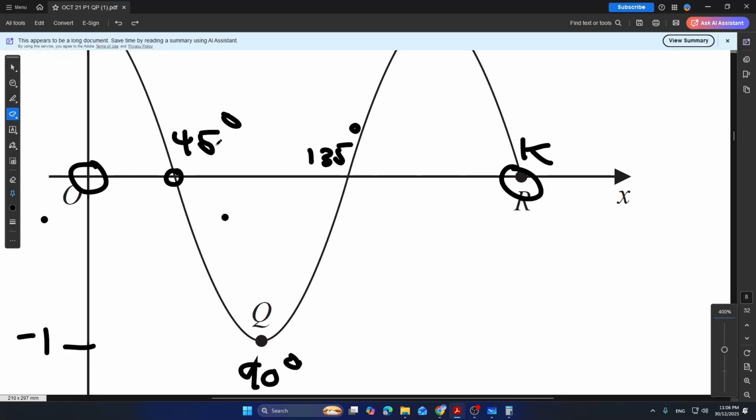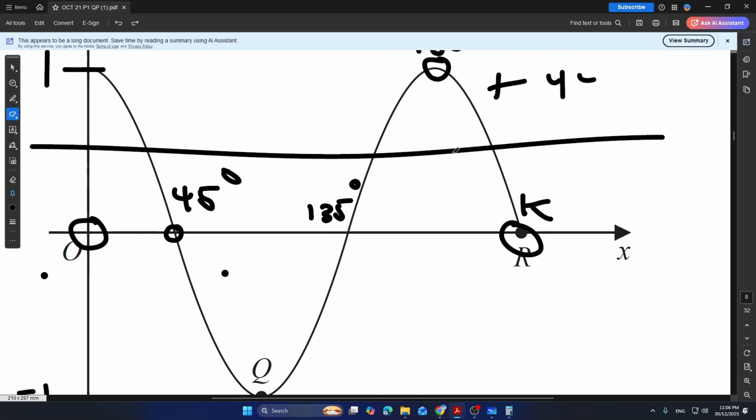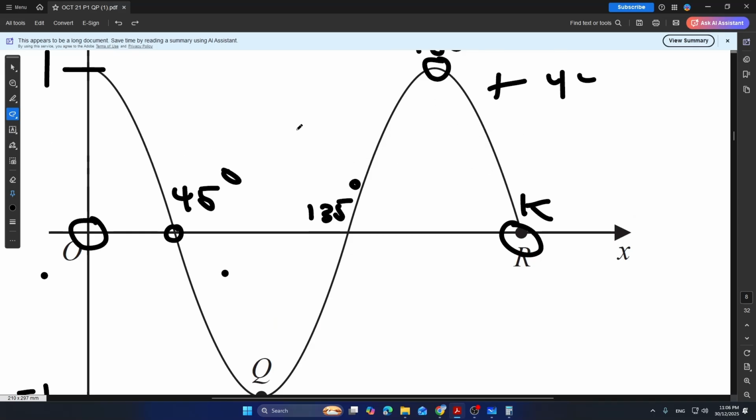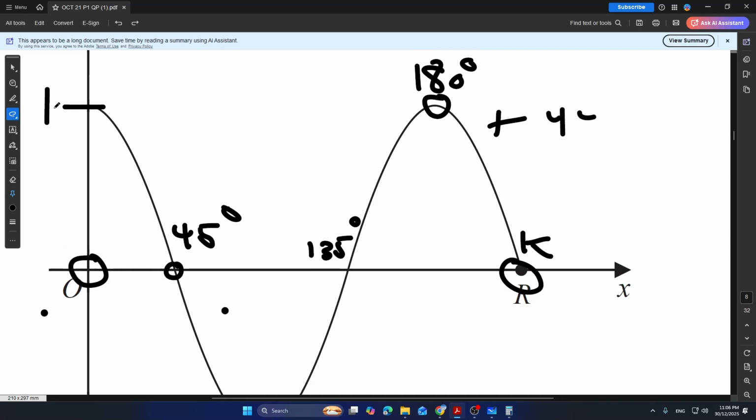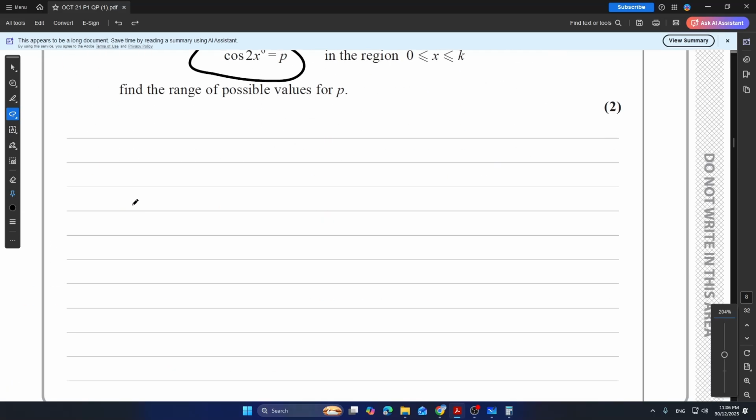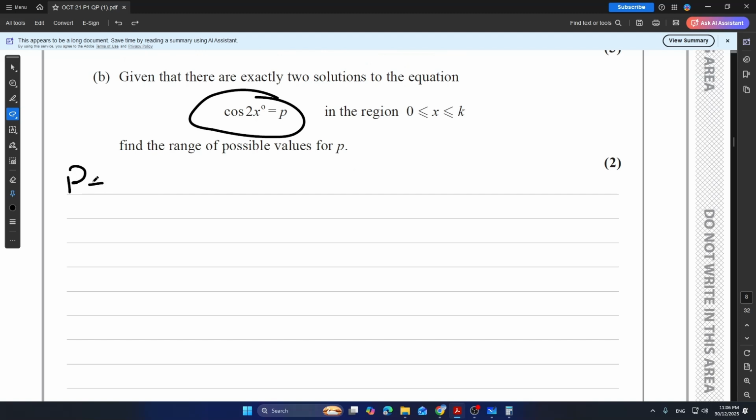We need to analyze this. If I draw a line like this, we have 1, 2, 3 solutions, which is not what we want. If I draw a line on the top where y is 1, then I have 2 solutions, one here and one here. So first thing we can say is p equals 1 for part B.